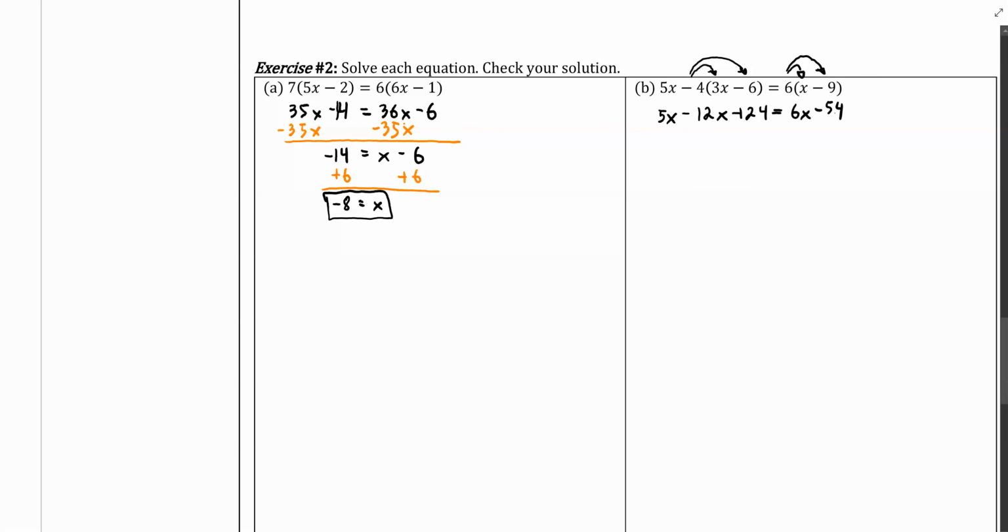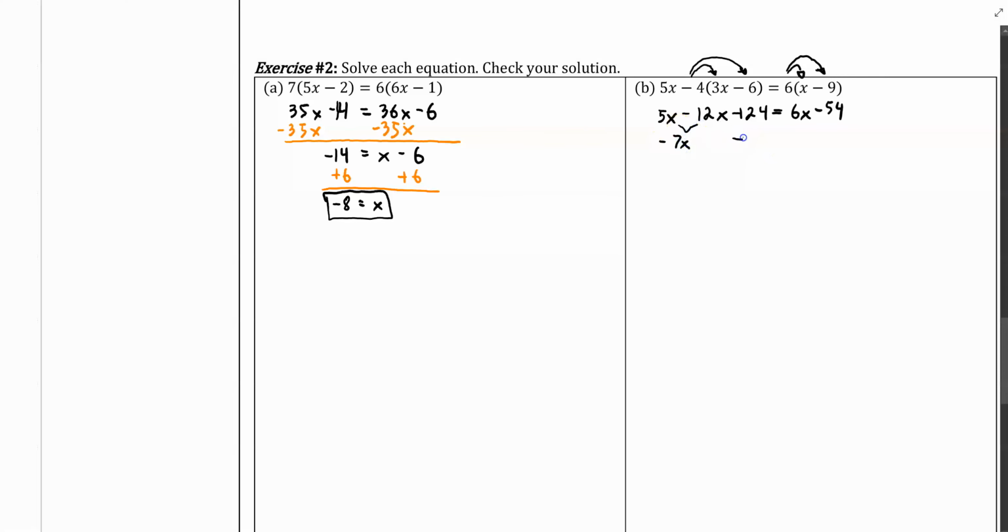So if you have positive 5 and we have negative 12, well, when we collect or combine these together, this will give us negative 7x. And then we follow up with the 24 equals 6x minus 54.